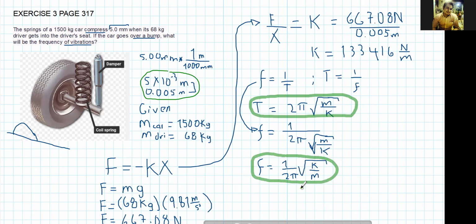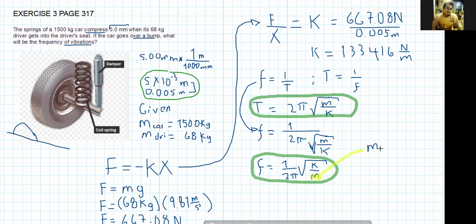So now, if you know the formula, what do I have to do? Just substitute, okay? But remember that now here, the mass is the mass of all the system, okay? You must be careful with this part, because it's the mass of the car and the mass of the driver, okay?